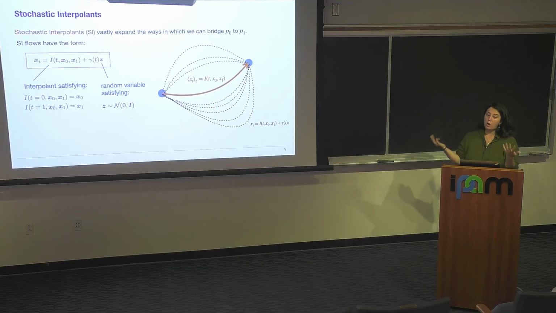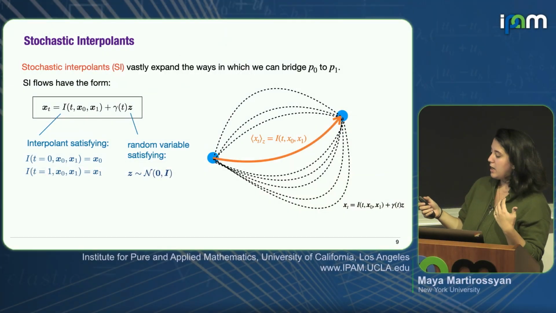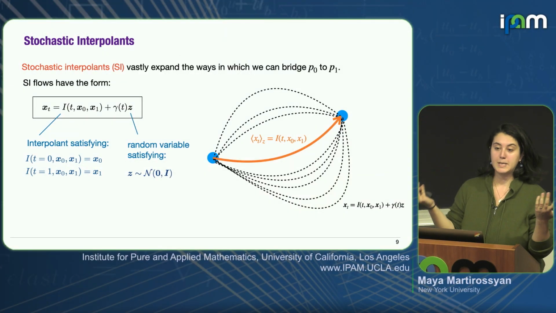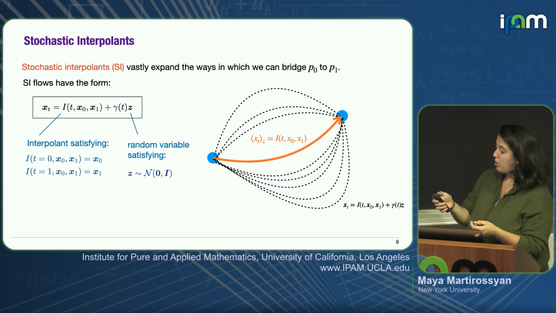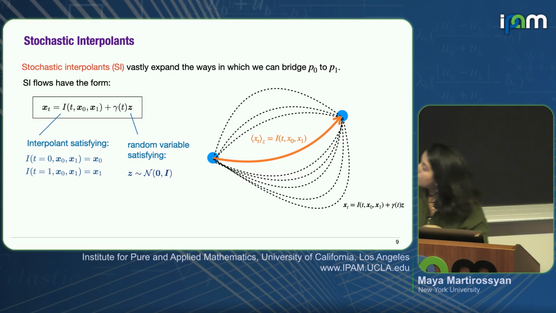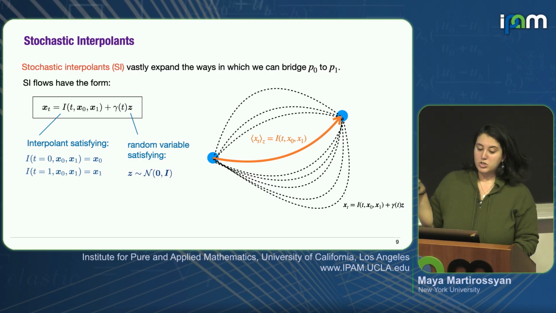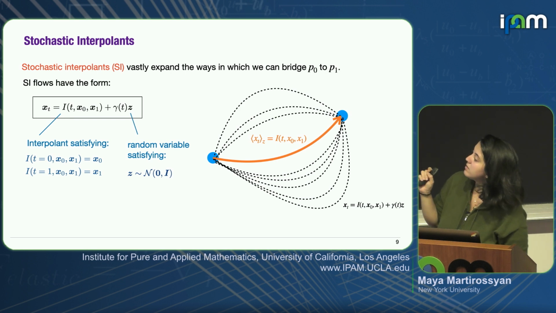All that stochastic interpolants are is a more general form of what I showed on the previous slides. On the previous slide, I pointed out that the path we chose was a line. It doesn't have to be a line. Also, you can add what's called a latent variable, gamma t times z, where z is sampled from a Gaussian distribution centered at 0.